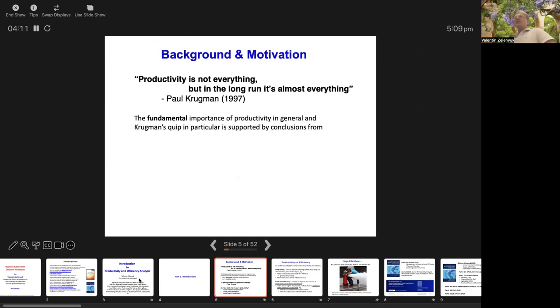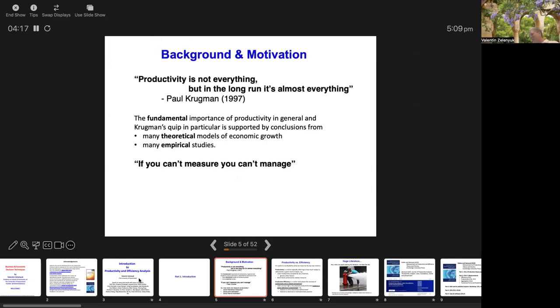You can see this in many theoretical models and many empirical studies as a confirmation. Another important phrase that you might have heard already is: if you can't measure, you can't manage. Or you can put it in a positive way: if you want to manage, you need to know how to measure.